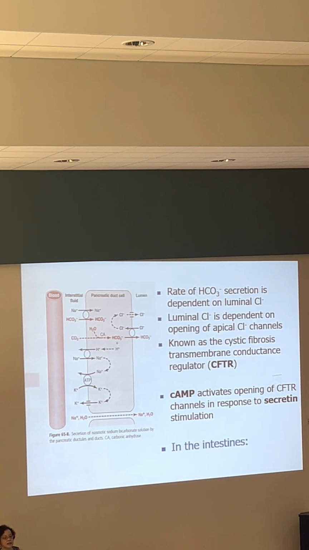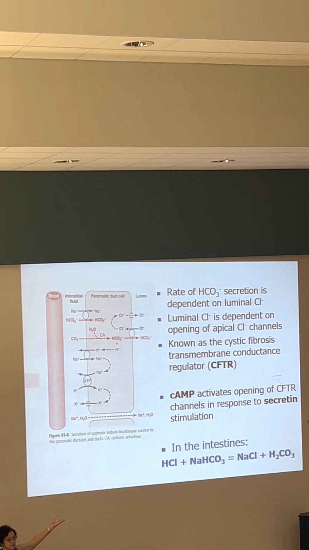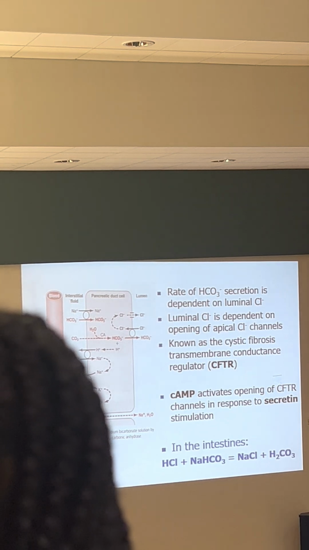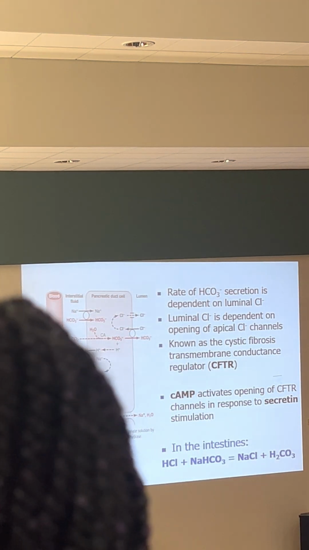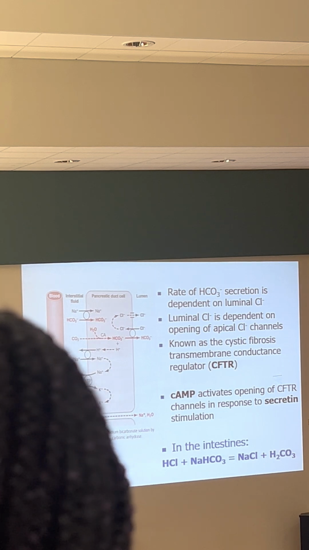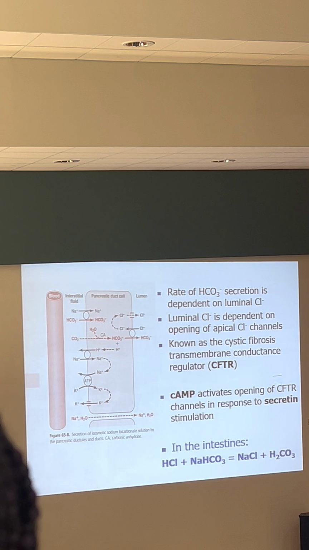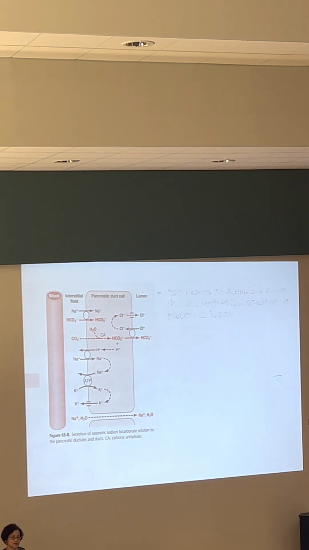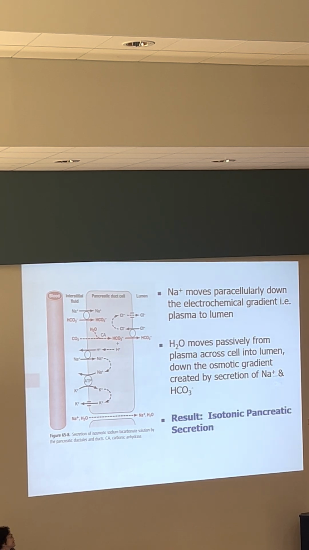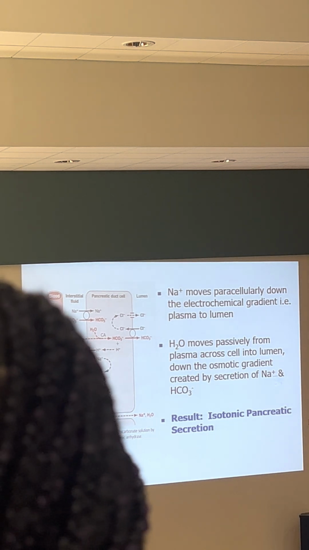All right. In the intestines, you essentially will get this result where the acid from the stomach will combine with that bicarbonate to create a weaker acid and some salt. So you're trying to neutralize the area and of course increase the pH from the very low pH of the acidic juice. Now, sodium, I already said all of that.